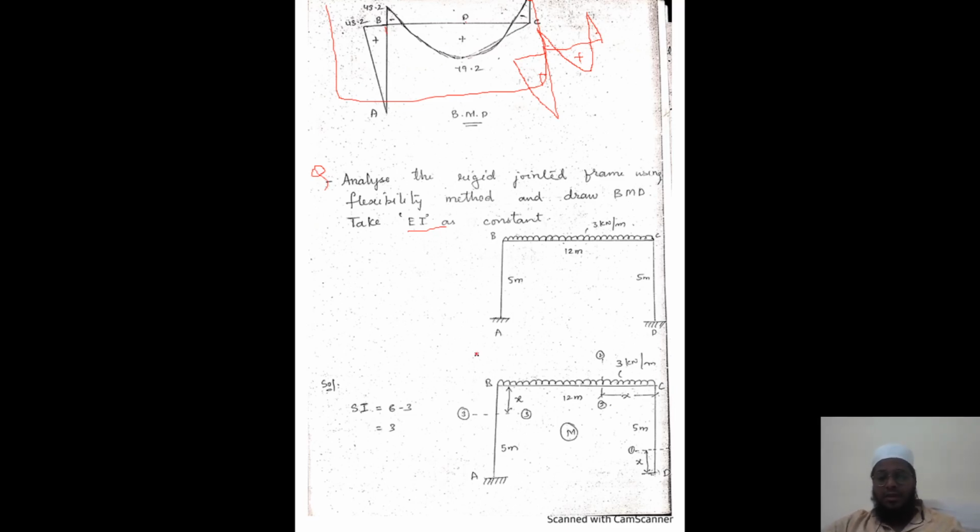The static indeterminacy of this frame is 3. So we'll have M1, M2 and M3, totally 4 diagrams, and moments multiplied such as M1M1, M1M2, M1M3, M2M2, M2M3, M3M3. All these moments will be taken care of, and the size of the matrix will be 3 by 3.